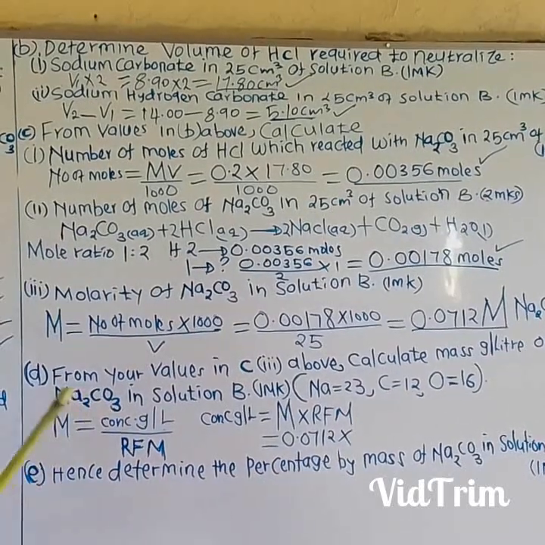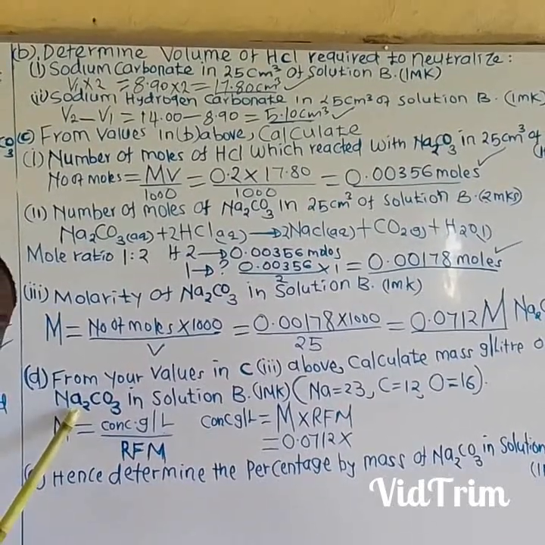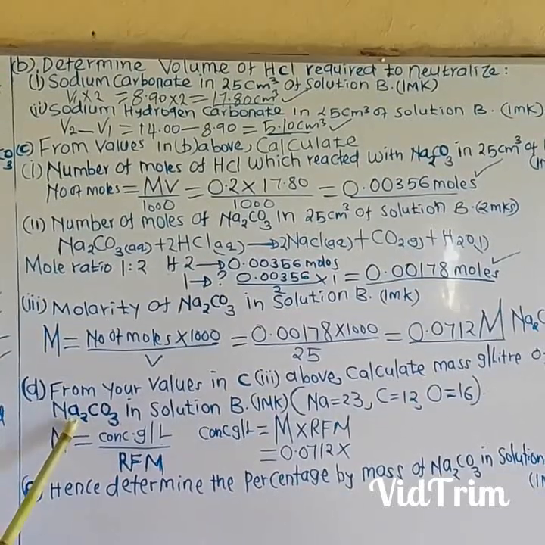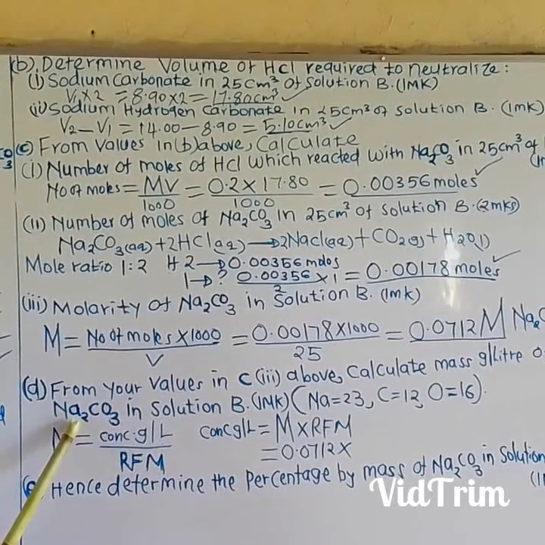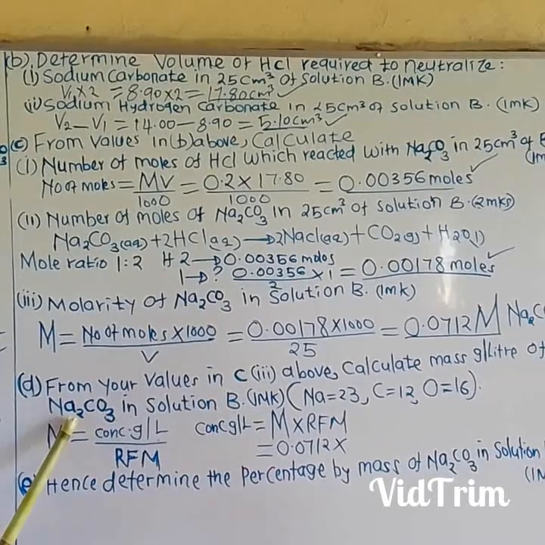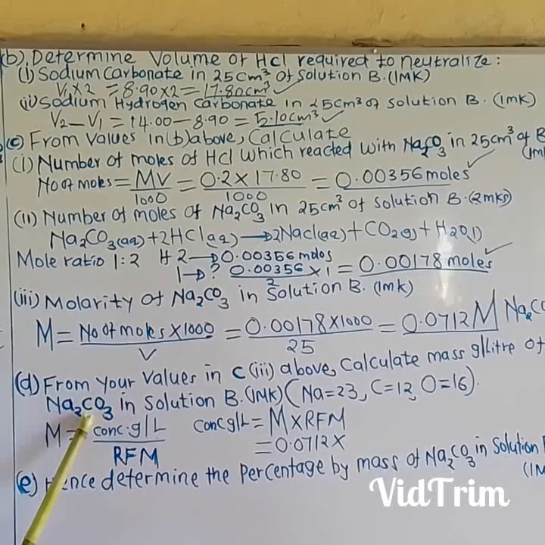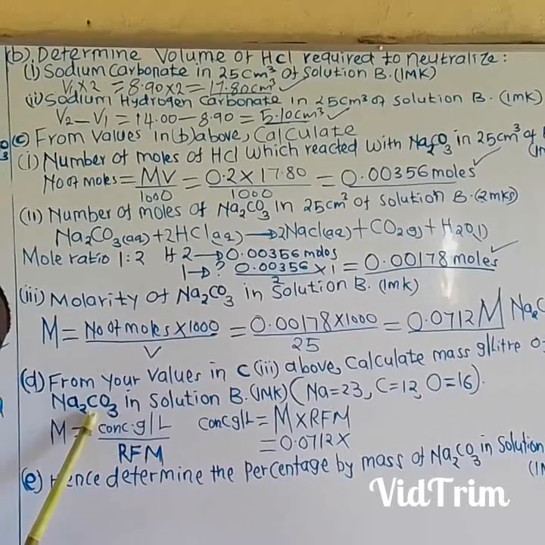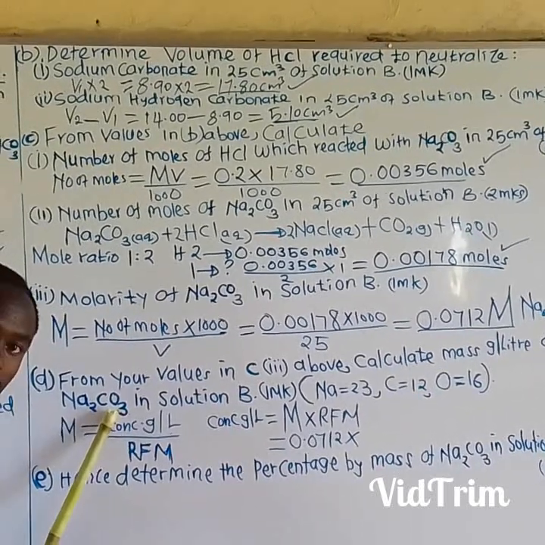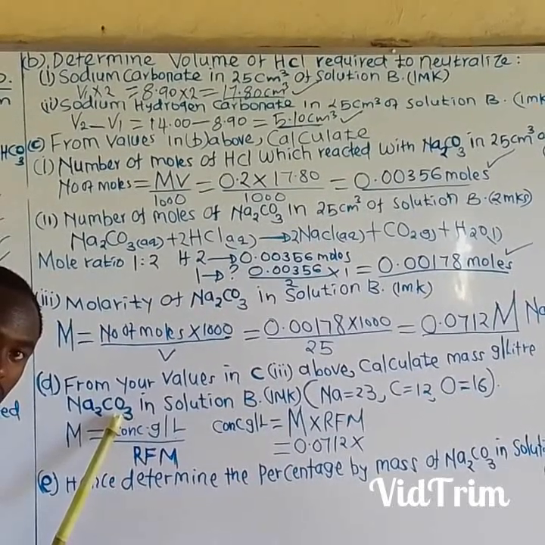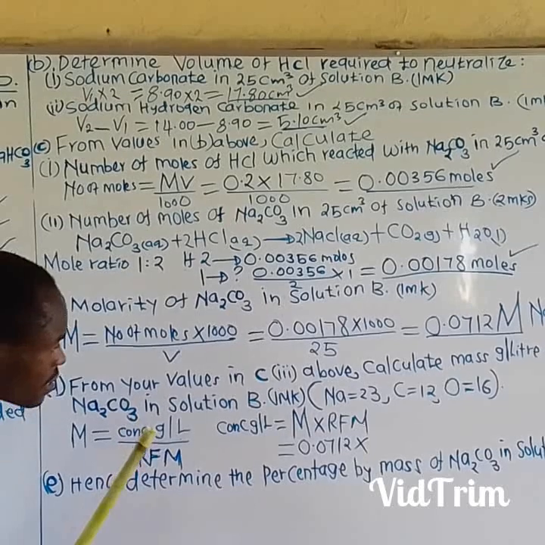So to get the RFM, we add the individual relative atomic masses. Sodium has 2 here in the carbonate, so that is 46, plus 12 for carbon, that's 58. Then plus 48 for 3 atoms of oxygen, that is 106. So the RFM is 106.